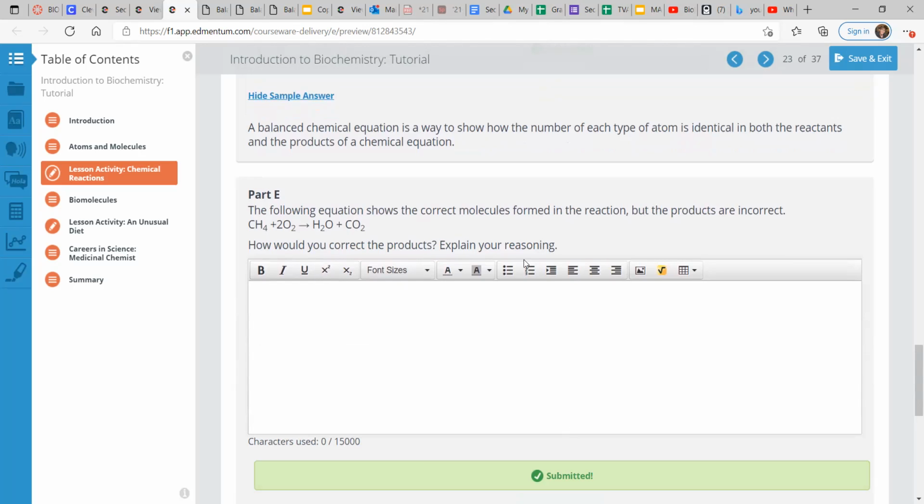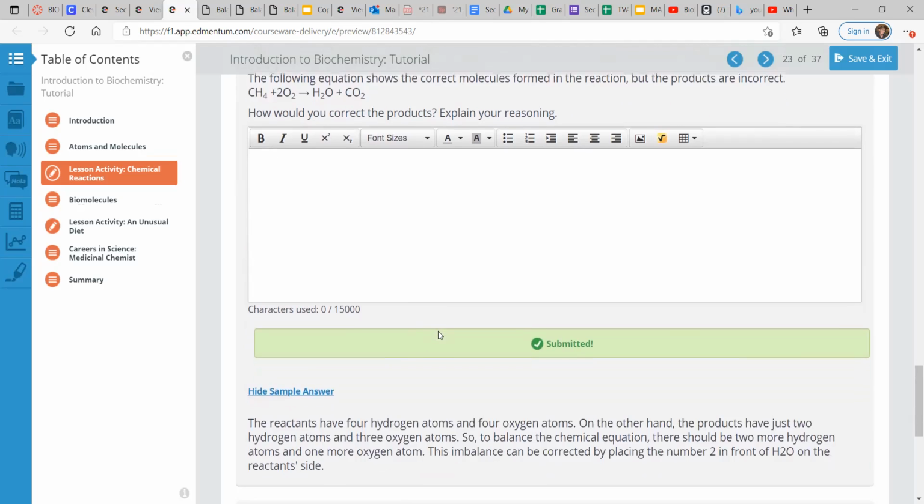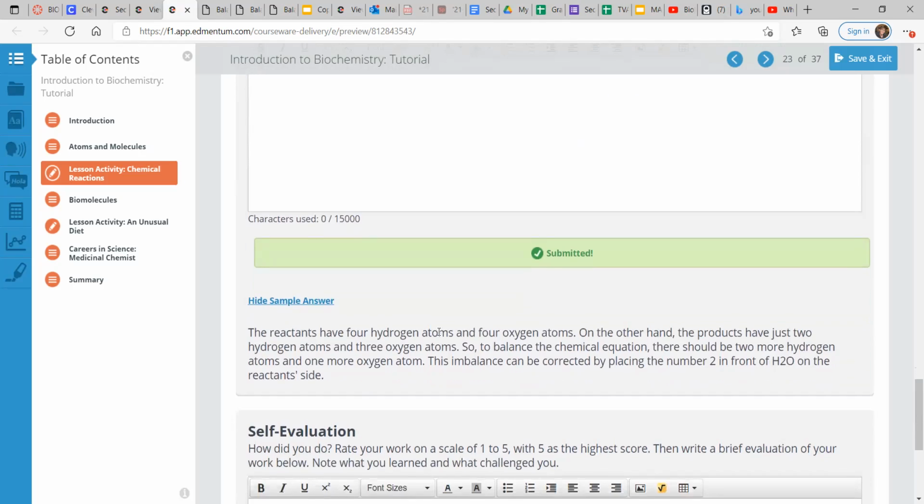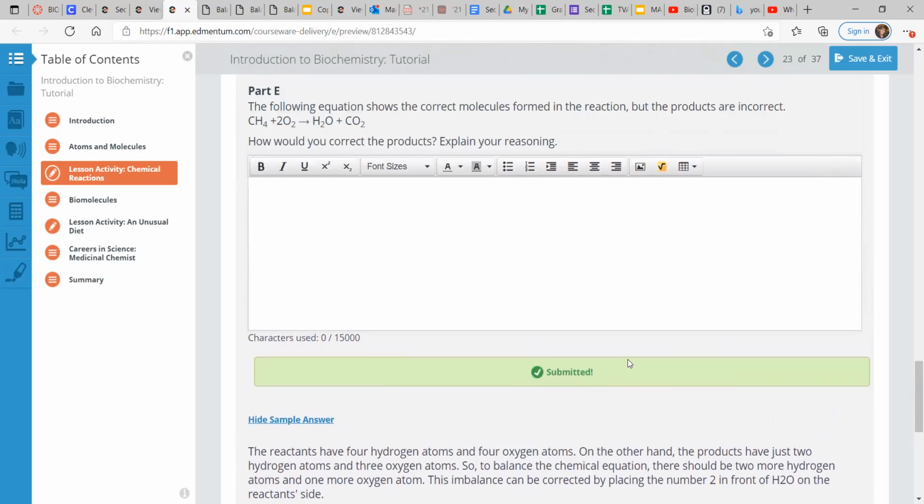No. So, carbon's balanced, but oxygen is not, and neither is hydrogen. So to balance this equation, there should be 2 more hydrogen atoms and 1 more oxygen atom. This imbalance can be corrected by placing the number 2 in front of H2O on the reactants side.